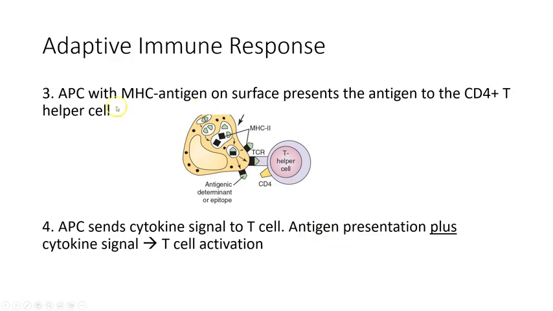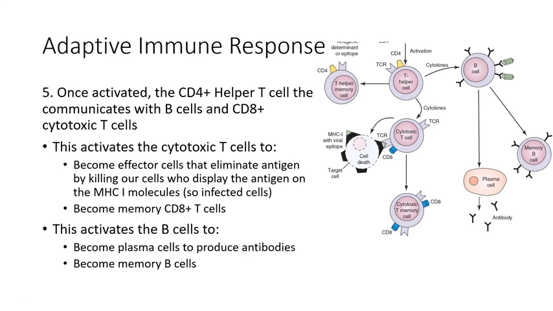So when you have this antigen presentation plus the cytokine signaling, we now have an activated helper T cell. Once activated, our helper T cell then communicates with our B cells and our CD8 cytotoxic T cells.